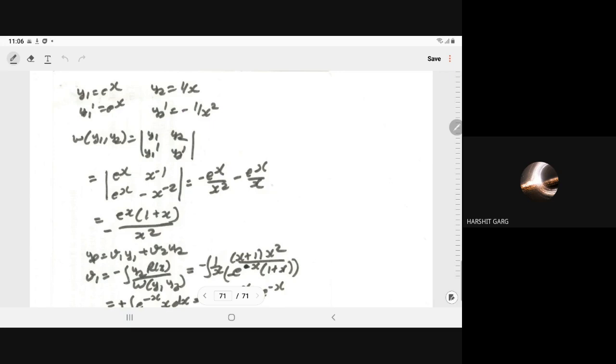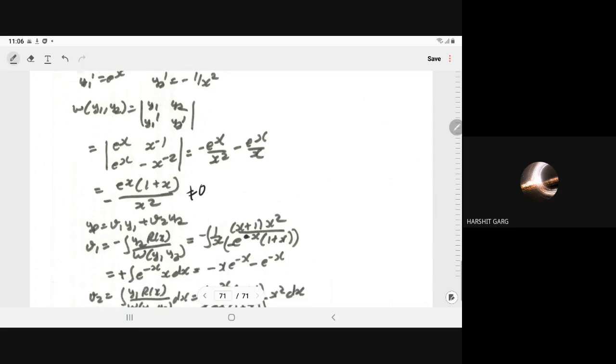The Wronskian comes to -e^x/x^2 - e^x/x, which is not equal to 0. So they are linearly independent.